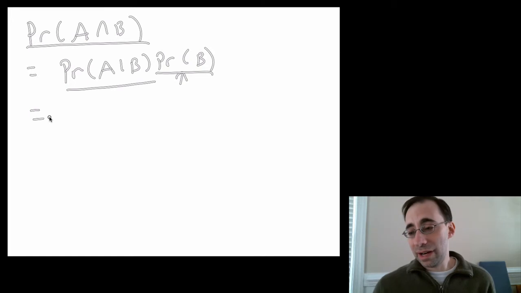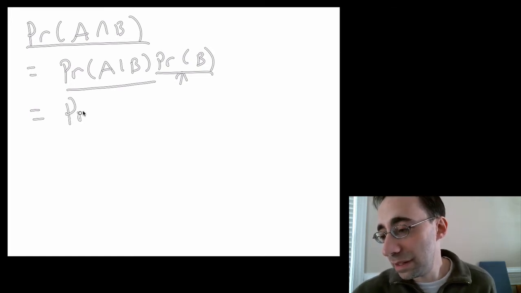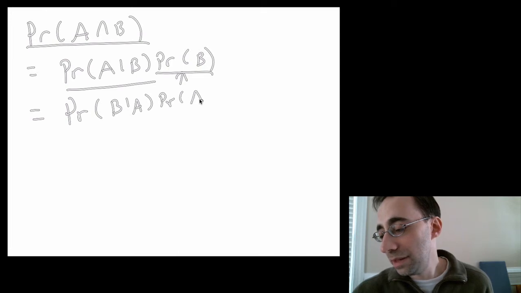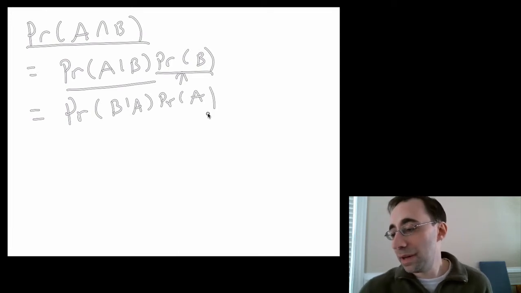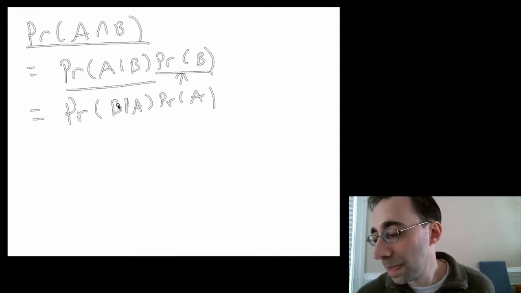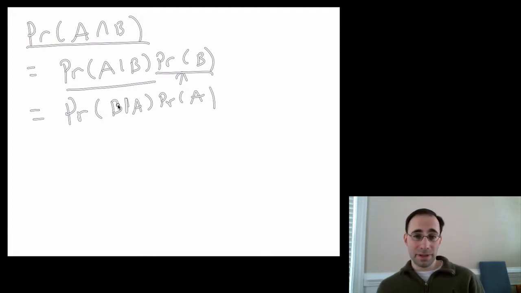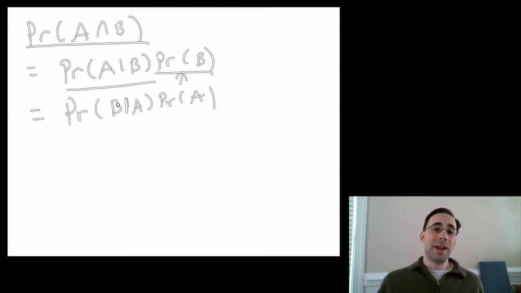A second way of writing an AND switches A and B. This means the exact same thing, but if A happened first, for instance, then first we consider whether or not A happened, and then look at the chance that B happened given that A already happened. So these are two equivalent ways of writing the probability that A and B happen together.